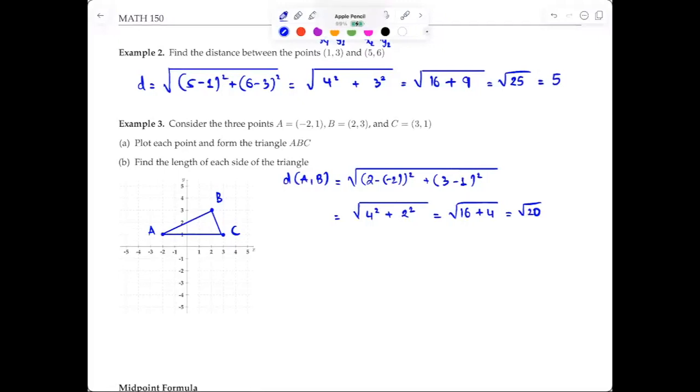I'm gonna give you like 30 seconds or so. Do distance between B and C.